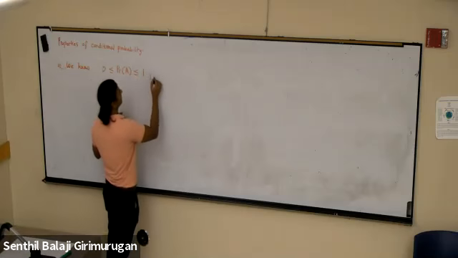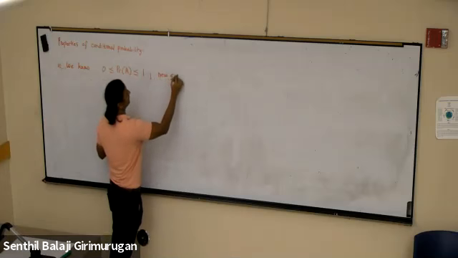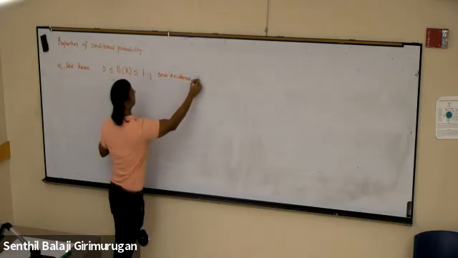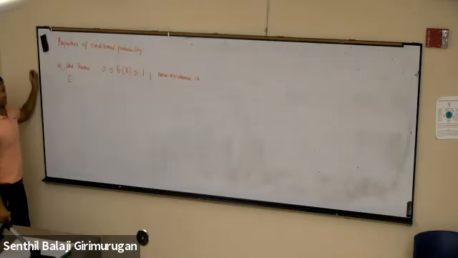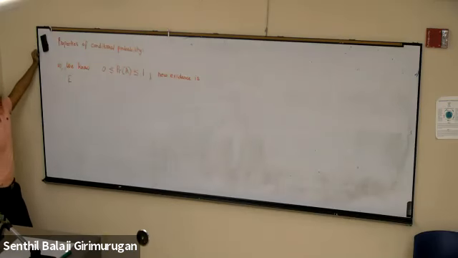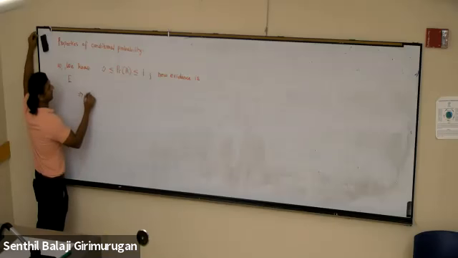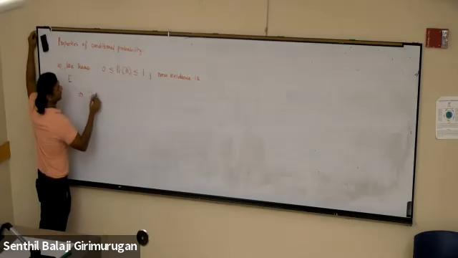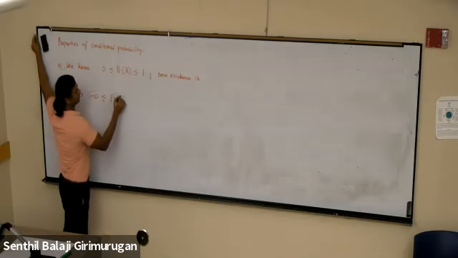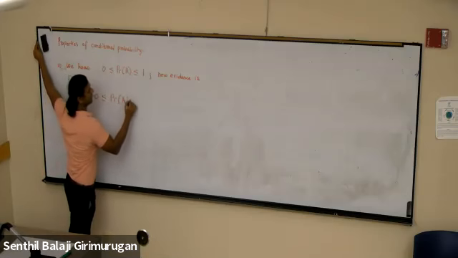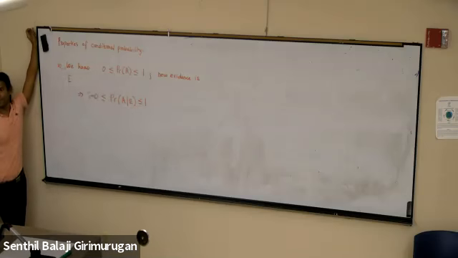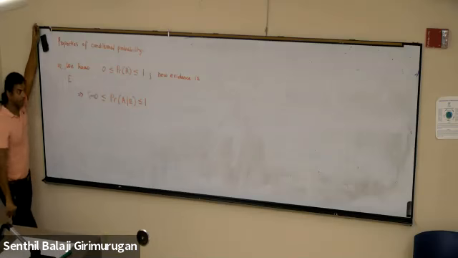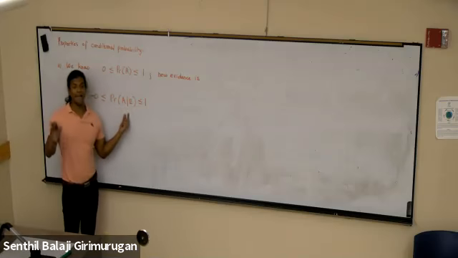Let's say the new evidence is E. So we can write the probability of A given E is also less than or equal to 1. But you do have to keep in mind that A given E as a whole is not an event.